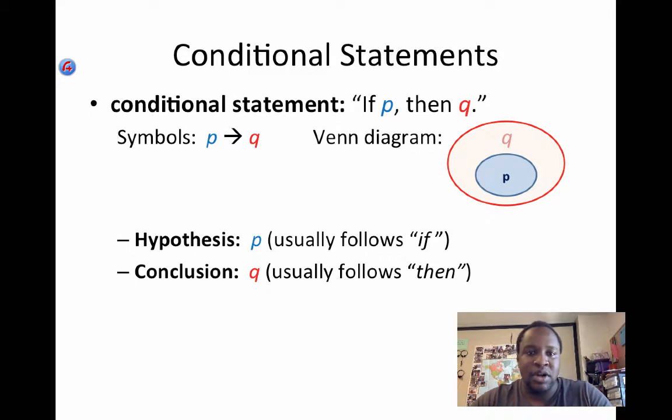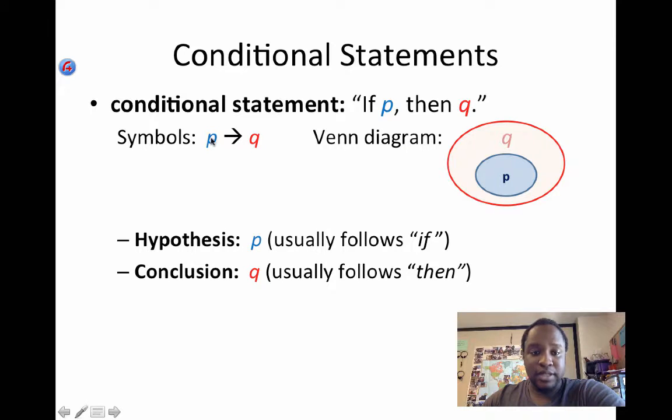So let's get started. All right, so conditional statements are if-then statements. So if P, then Q. The symbol for this, kind of like the mathematical way of writing it, is P arrow Q. When we see this, this is basically saying if P, then Q. So P is what we call the hypothesis, and it usually follows the if statement.